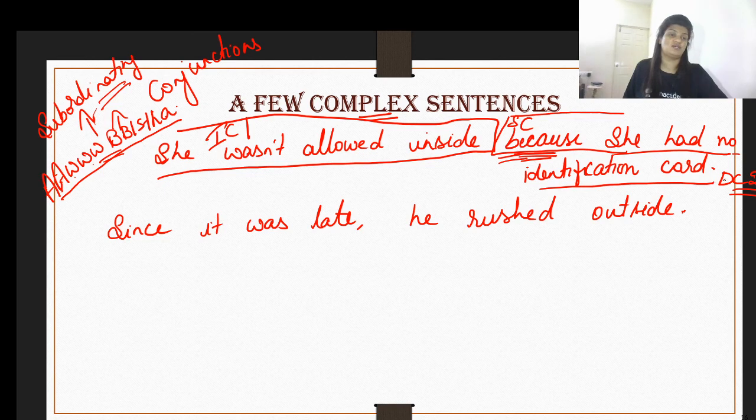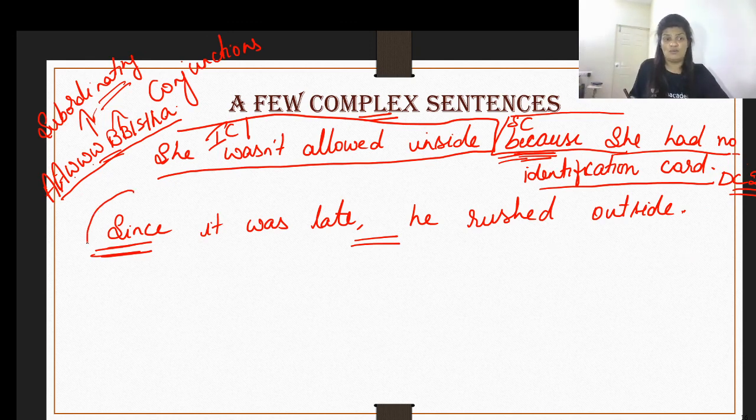Can you figure it out? Which is your dependent clause and which is your independent clause? This seems a little tricky, right? The conjunction over here is in the beginning. The conjunction doesn't necessarily have to be in the middle. It can also come in the beginning like this: since it was late, he rushed outside.